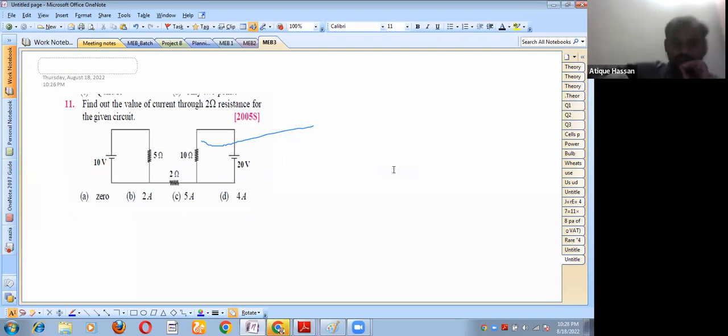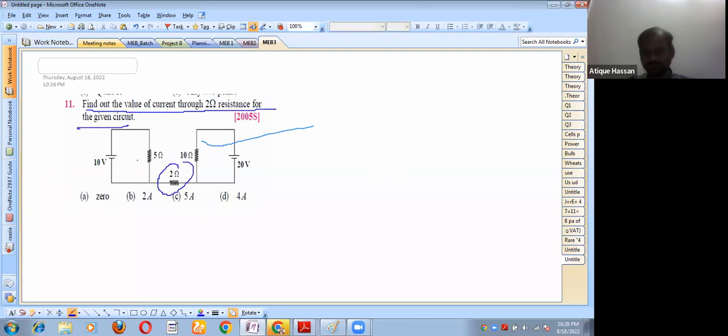I will give you a shortcut to solve this question. This is a very easy question. If you go by other methods, you can never solve it. But I will give you a shortcut to solve this. It is a JEE Main 2005 question. It says find out the value of current through this resistor, right?